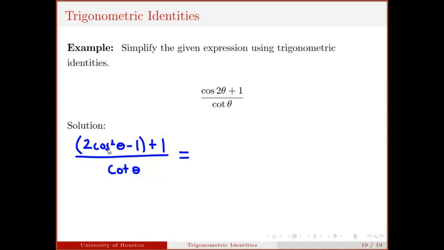Simplifying the numerator and rewriting the denominator in terms of sine and cosine, we get 2 cosine squared theta divided by cosine theta over sine theta.